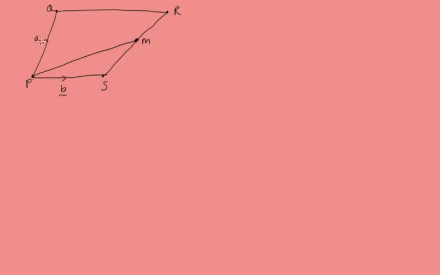This is A. Now, M is the midpoint of SR. And we know the vector PQ is A, PS is B, and PM, this vector in the middle, we're given as being a quarter of 2A plus 5B.